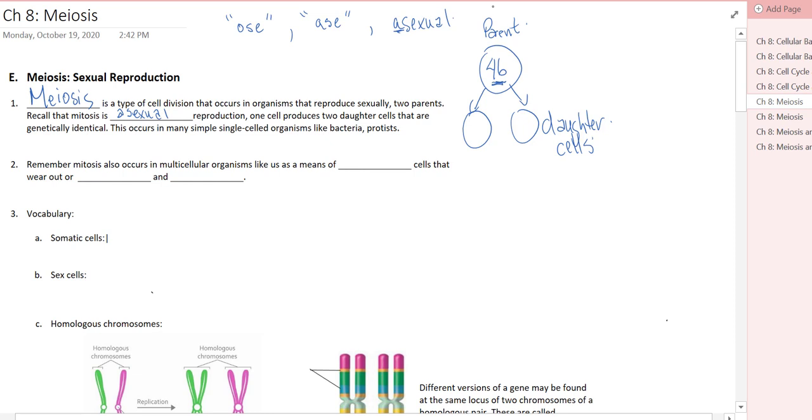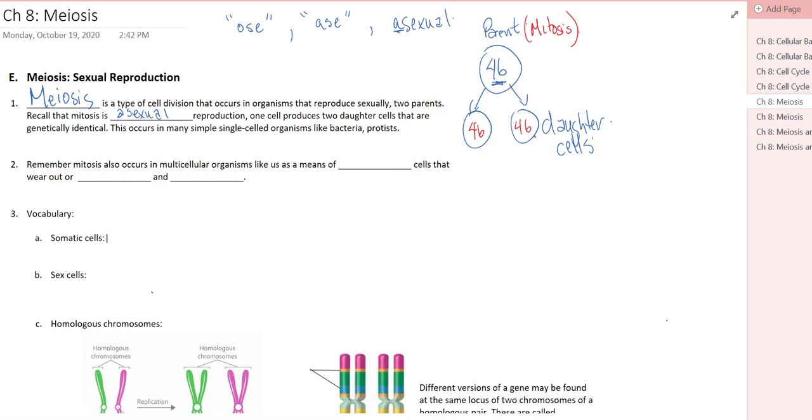And through the process of mitosis, when this takes place, the cell is going to produce two new daughter cells, each with 46 chromosomes.